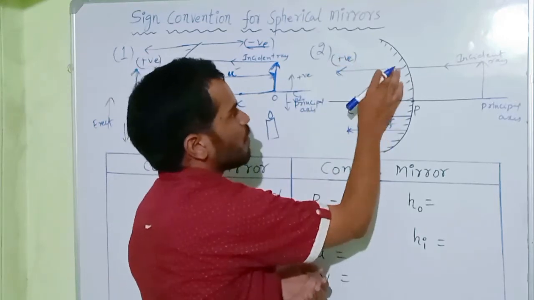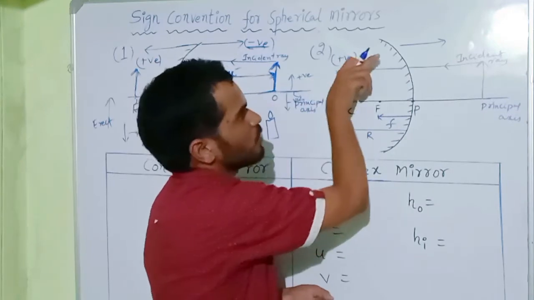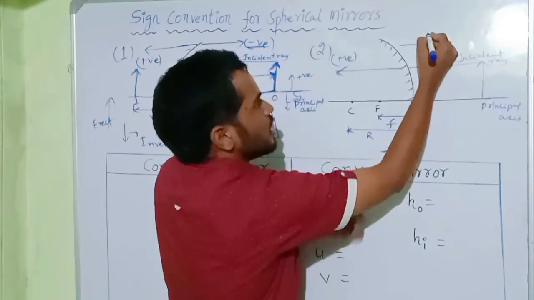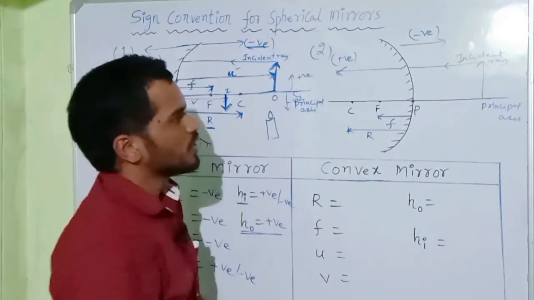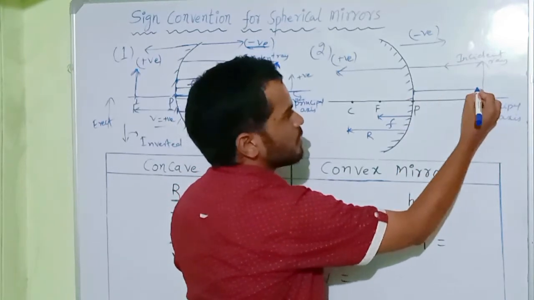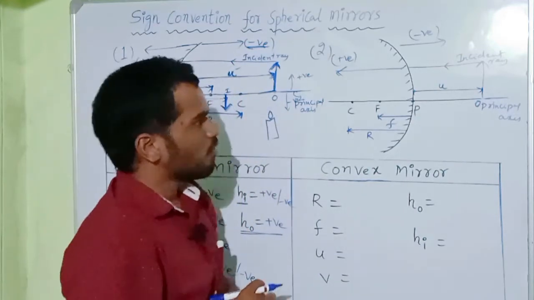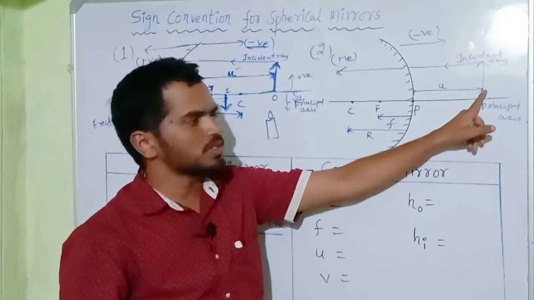If you measure opposite to the incident ray, in this direction, then you should consider this side as negative. Now we have taken the object, so this distance becomes u.